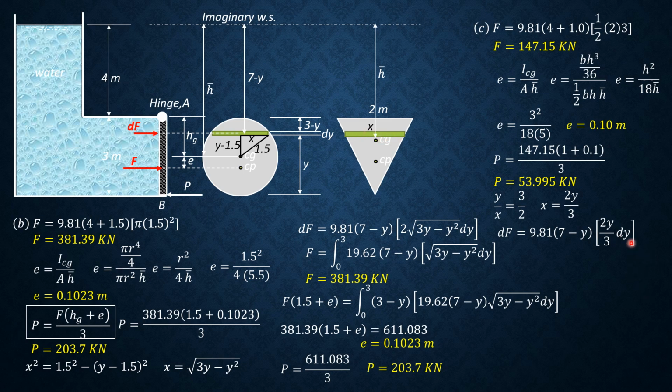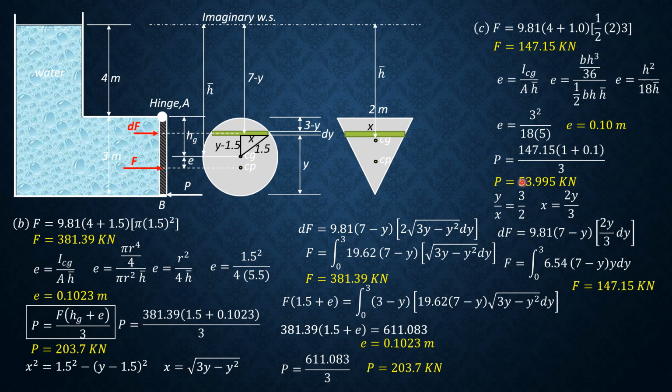So using your calculator, or you can evaluate this easily manually by power formula. So f is integral 0 to 3 of 9.81 times 2/3, which is 6.54, then 7 minus y times y dy. It will give us the same result of 147.15 kilonewtons.